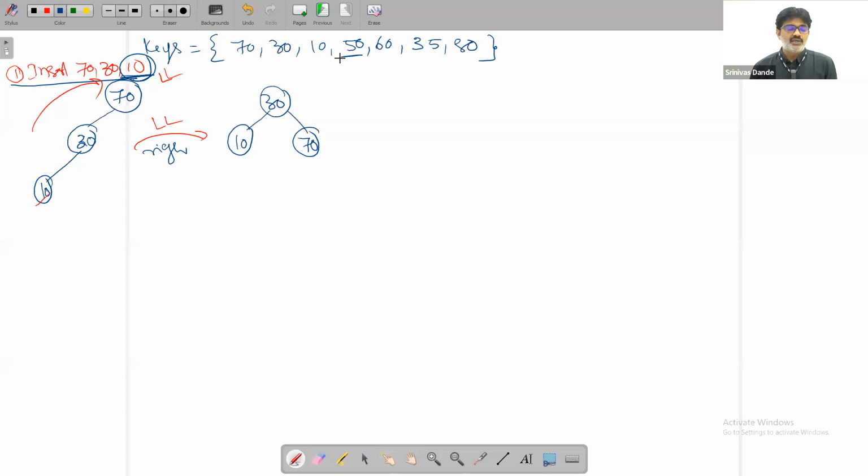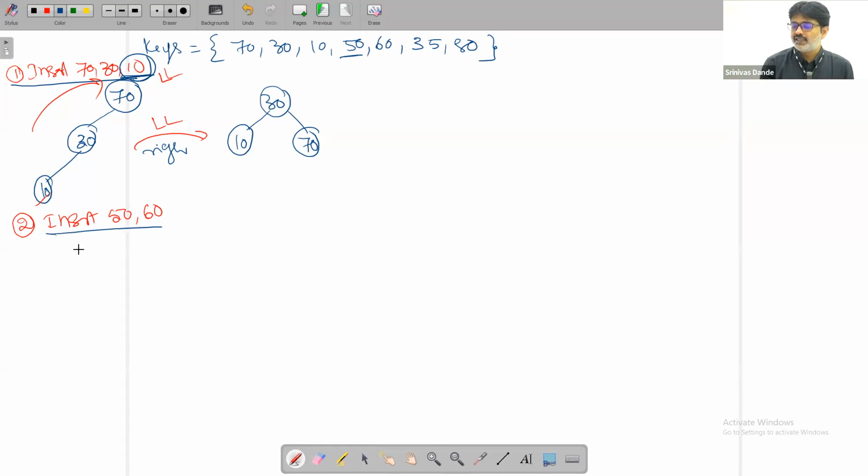Next you insert 50. Where will 50 come? I'll write this step number 2, guys. Step number 2, insert 50 and 60.